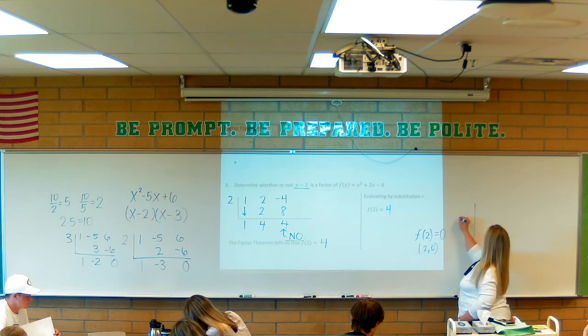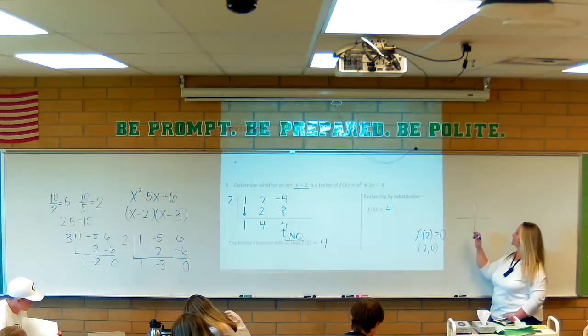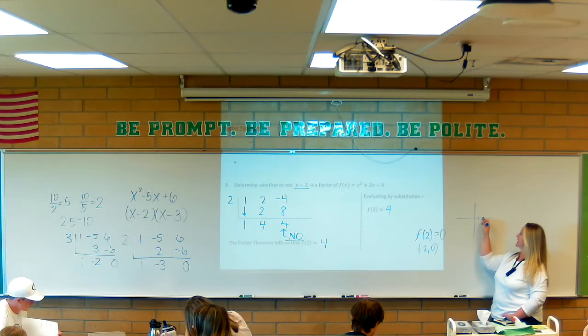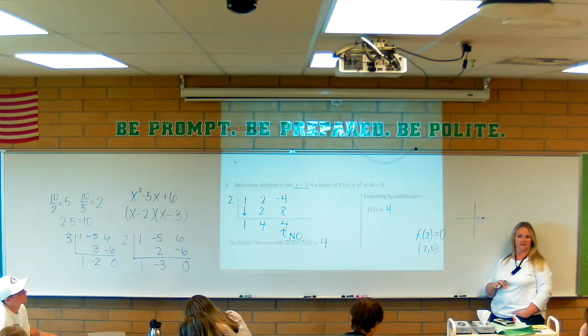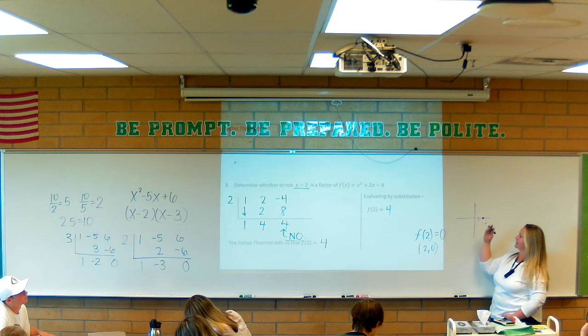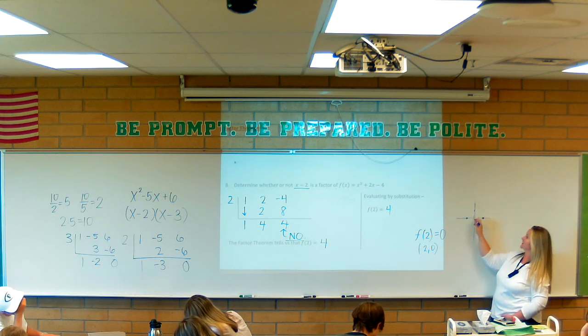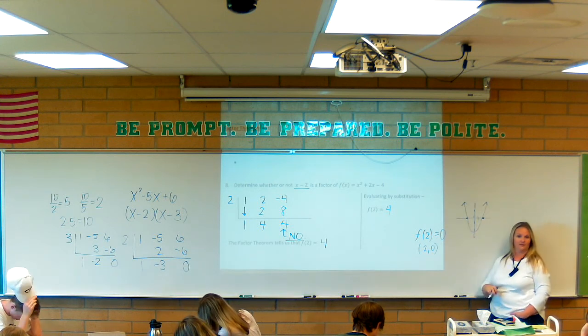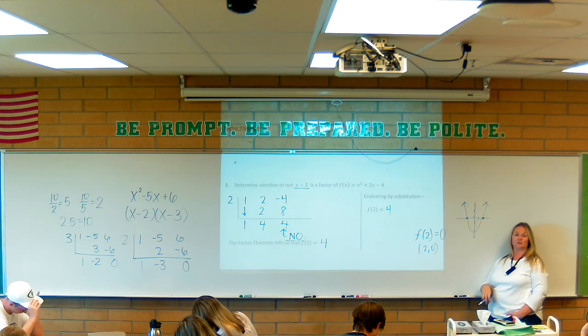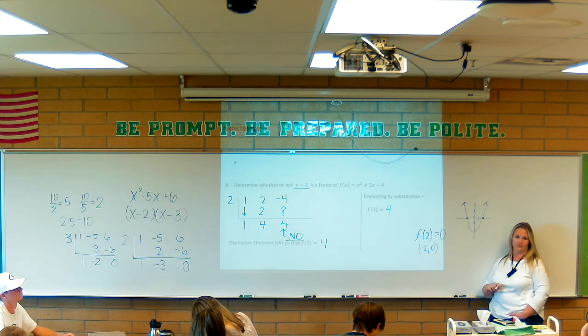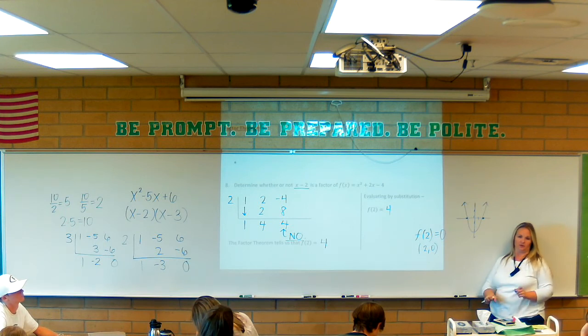Don't you remember from last year that these points on the x-axis were a big deal? Then you'd have another one somewhere over here, and you have the axis of symmetry and vertex, all that. Those x-intercepts were a really big deal with quadratics. This is one way to find them. They're going to be a big deal with these bigger polynomials too, not just quadratics.